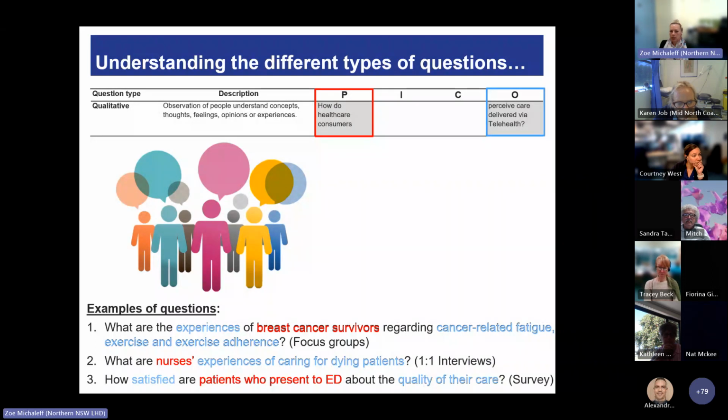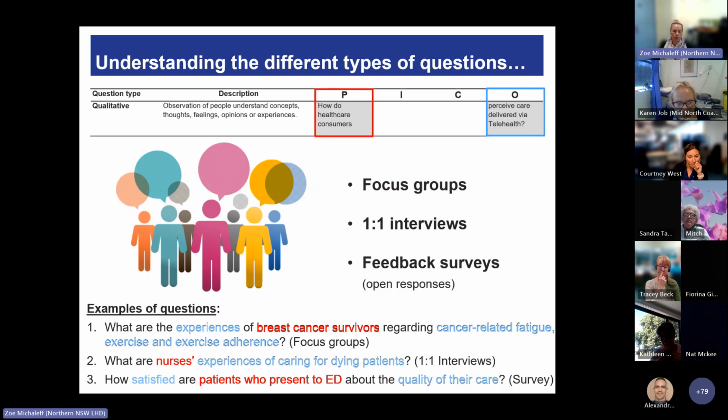And you can see that each of these 3 questions contain the necessary or relevant elements of a well-designed and answerable question. And the best primary study designs to answer these types of questions is the evidence from a focus group, one-on-one interview, or the open responses from something like a feedback survey.